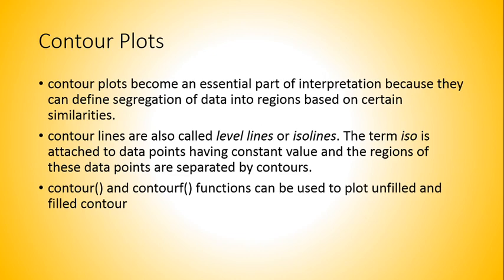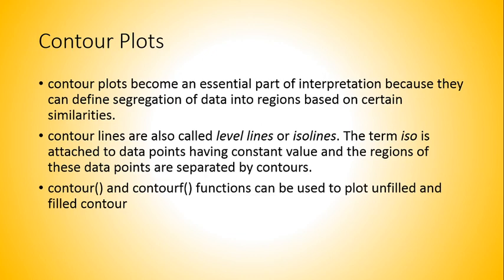Similarly, a 2D map of a non-uniformly heated region can be viewed as a contour, depicting regions of the same temperature. A region of rainfall can be viewed as a contour, showing regions of dissimilar size of droplets. Hence, contour lines are also called level lines or iso lines.